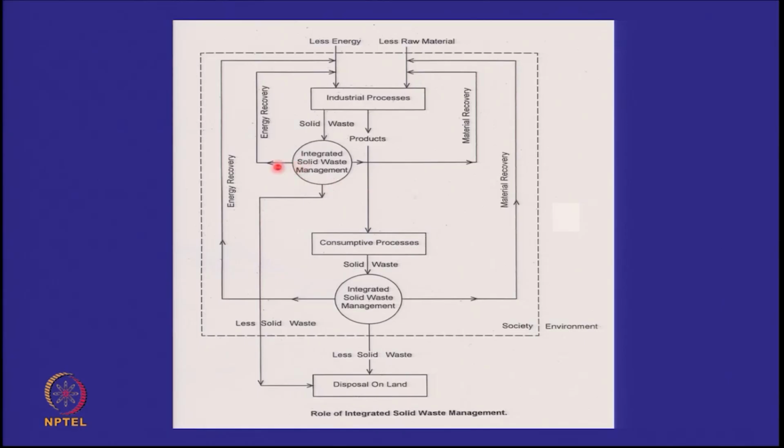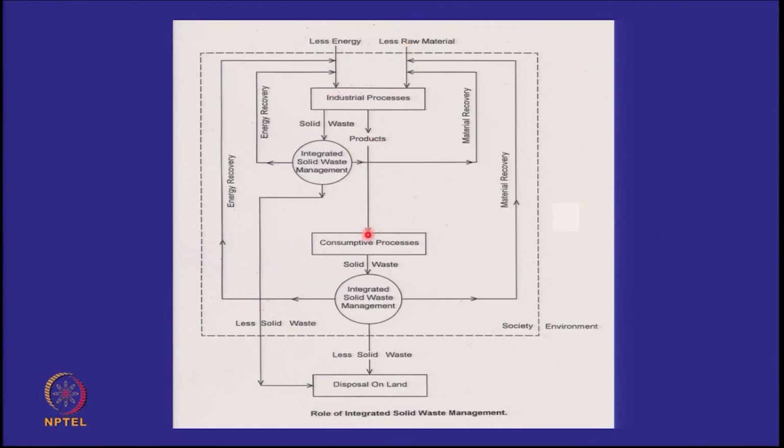Suppose the waste which is coming out is paper, and if I can burn the paper to recover energy, then the energy input to the industry from outside sources is reduced. So integrated solid waste management means you look at all the alternatives and see how I can reduce the energy being taken from the environment and reduce the raw materials.